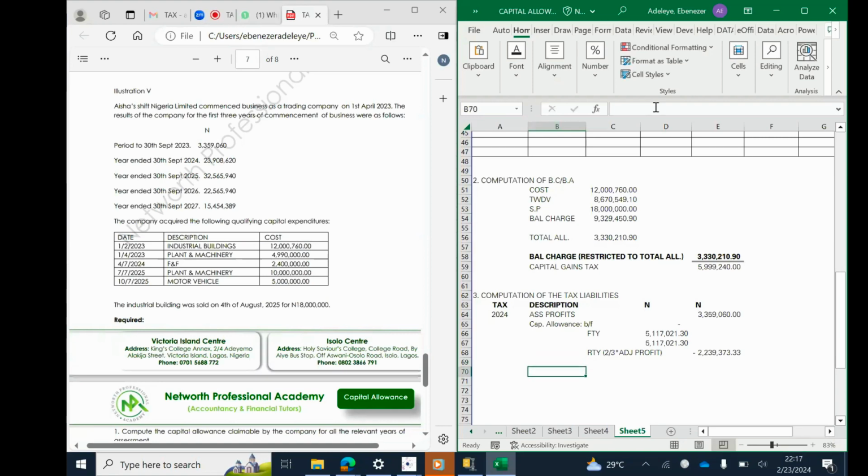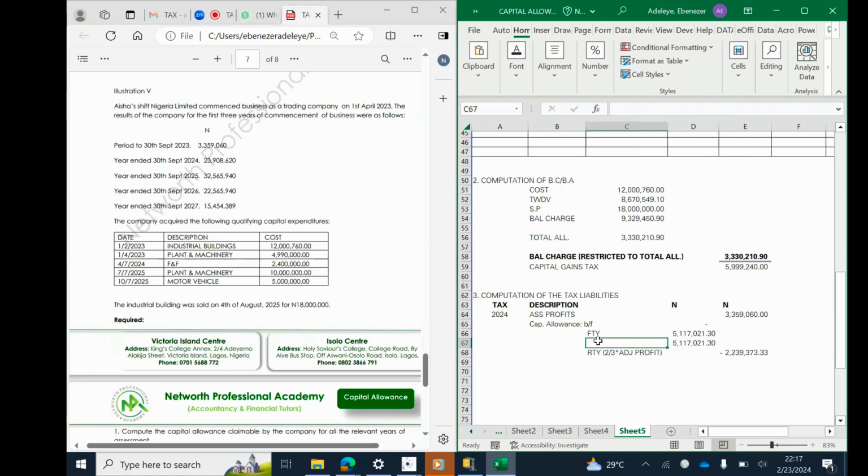Okay, so I'm not comfortable with this. There's no point doing this. So brought forward, for the year, and then our tax written down value.